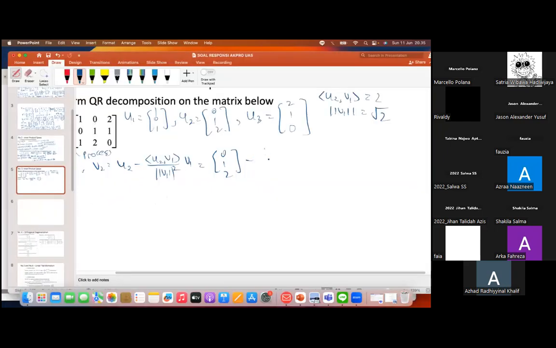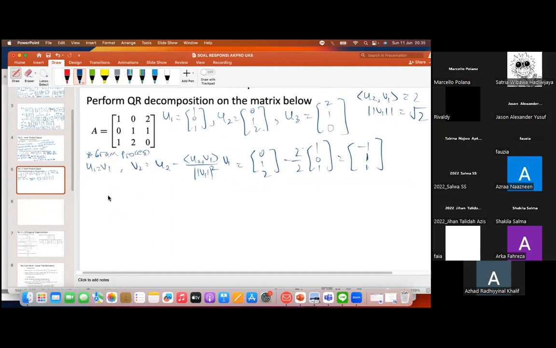So squared, it's 2 over 2 times 1, 0, 1. So the result is negative 1, 1, and 1.